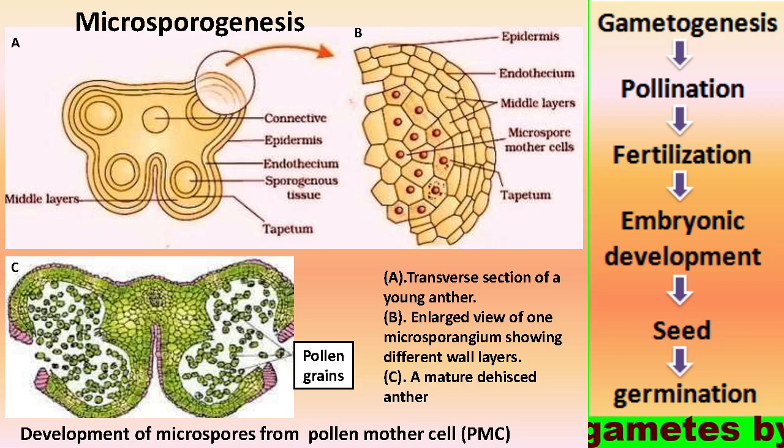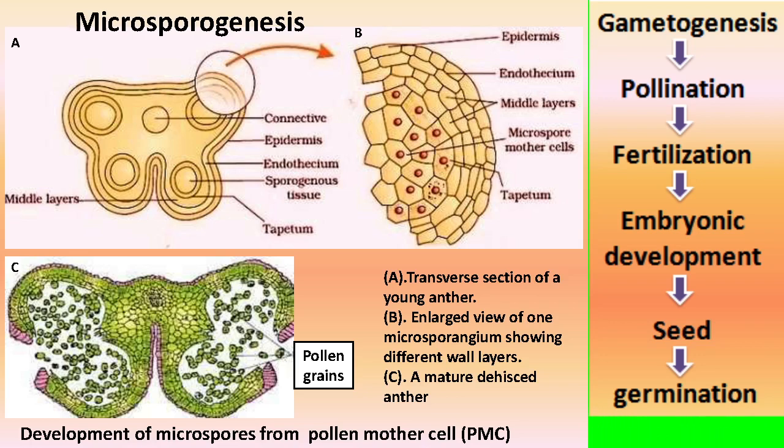The outer layer is known as the epidermis, thereafter the endothecium, and the inner layer is known as the middle layer, and after the middle layer there is a tapetum. In the tapetum, sporogenous tissues are present, and sporogenous tissue acts as a germ cell.